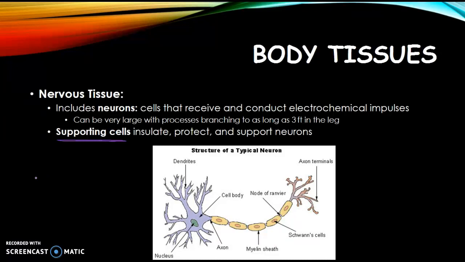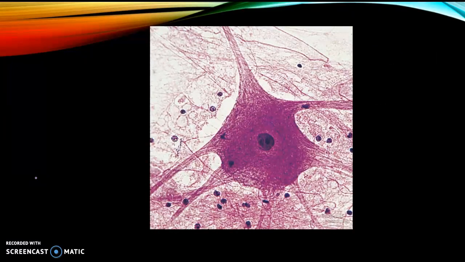You even have your own white blood cells inside the nervous tissue that scavenge for any foreign invaders. So nervous tissue, the big thing you're going to know is you're going to see these huge neuron cells. And then surrounding these neuron cells, you're going to see all these other nuclei right here. Those are going to be your supporting or glial cells.